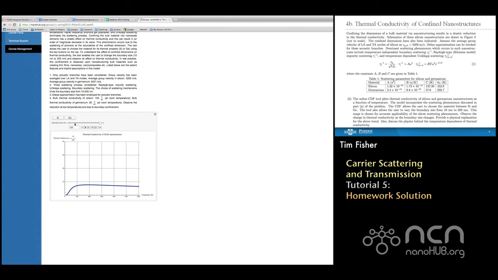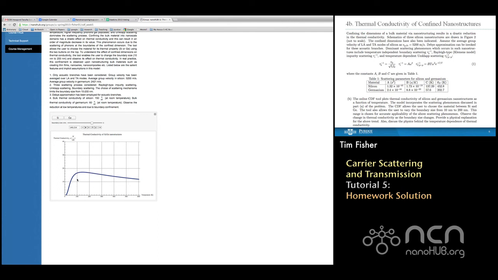The slider next to boundary size lets you change the boundary size of the system, and the play button lets you dynamically change the boundary size and see how the thermal conductivity as a function of temperature evolves. Now we'll make a few observations from the graph here.